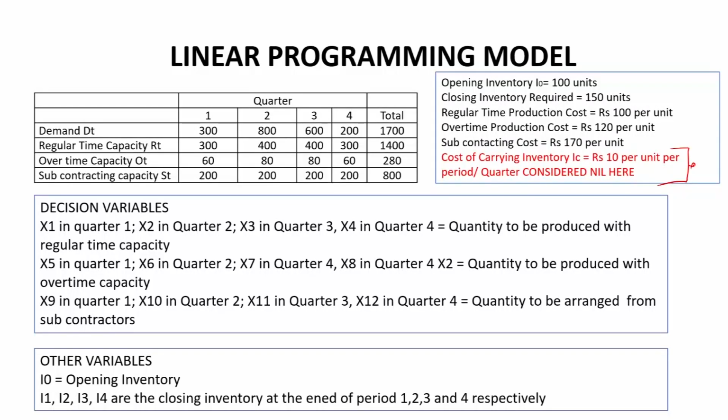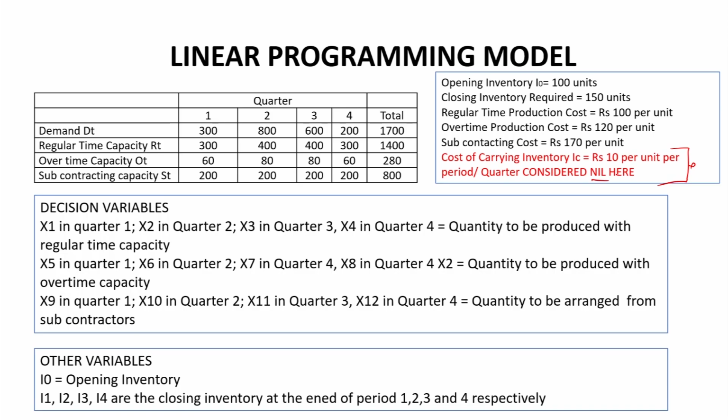Definitely we can include this also in formulating the linear programming problem. There is no limitation as far as the technique is concerned. It is only for the sake of illustration here that I have kept it as nil, 0.